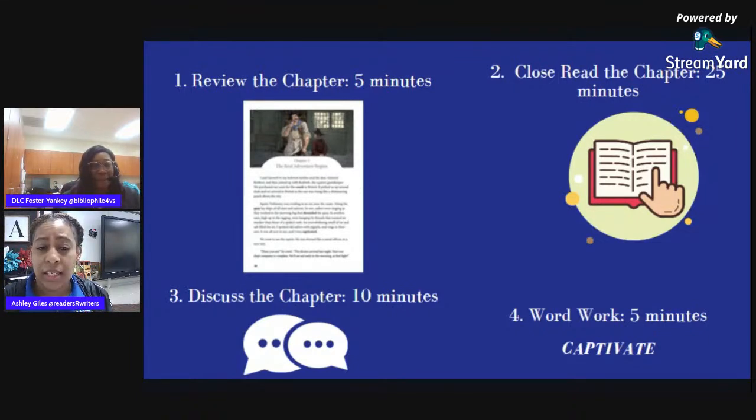And so basically, you go through the entire chapter, reading certain sections, posing questions, and that will conclude the close reading of the chapter. When we get to number 3, discussing the chapter, it's going to take 10 minutes. And basically, it starts off with you have the students read page 33 aloud.